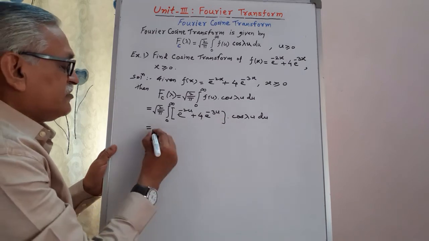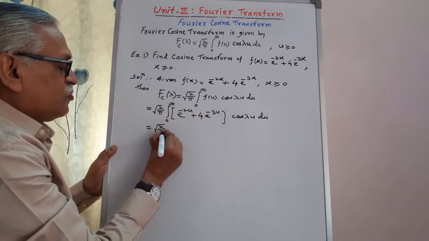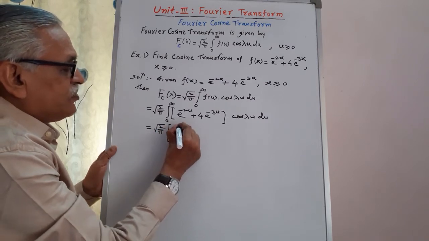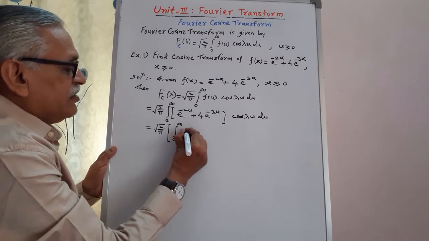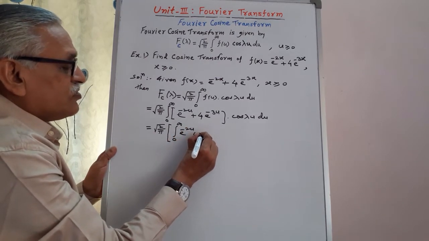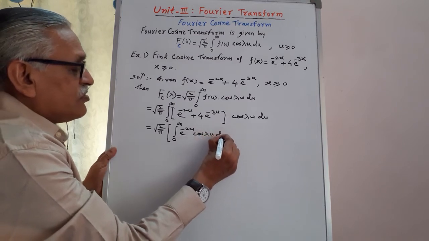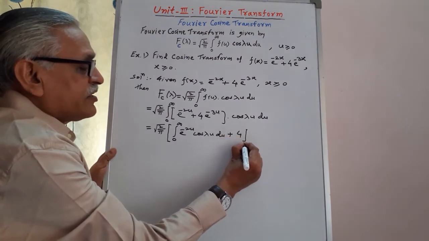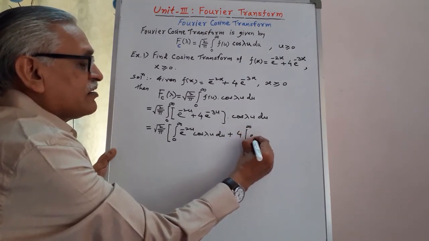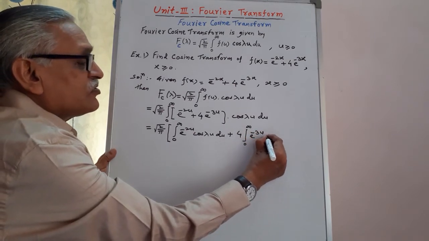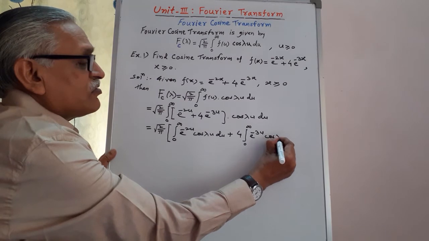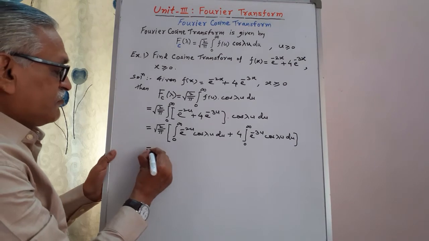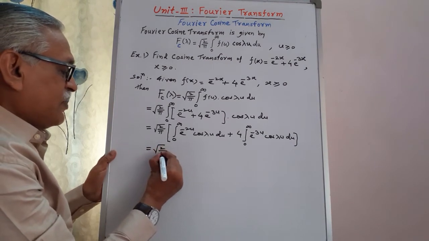Splitting these two integrals, root 2 by pi as it is, integral from 0 to infinity e raised to minus 2u cos of lambda u du plus 4 times integral from 0 to infinity e raised to minus 3u cos of lambda u du, and that is equals to root 2 by pi.